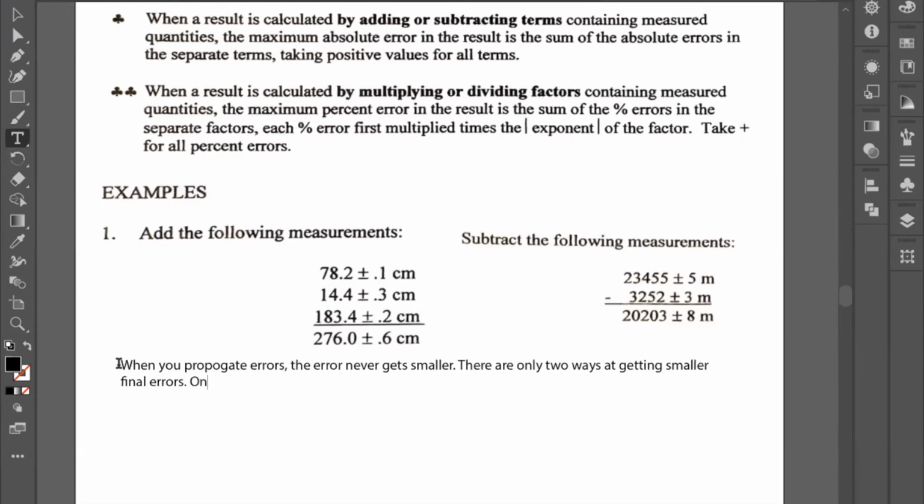One, take measurements with less uncertainty.